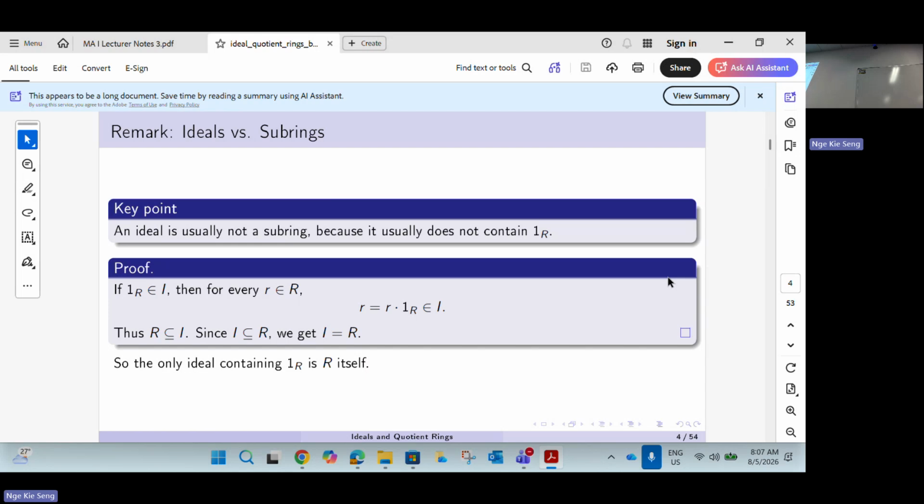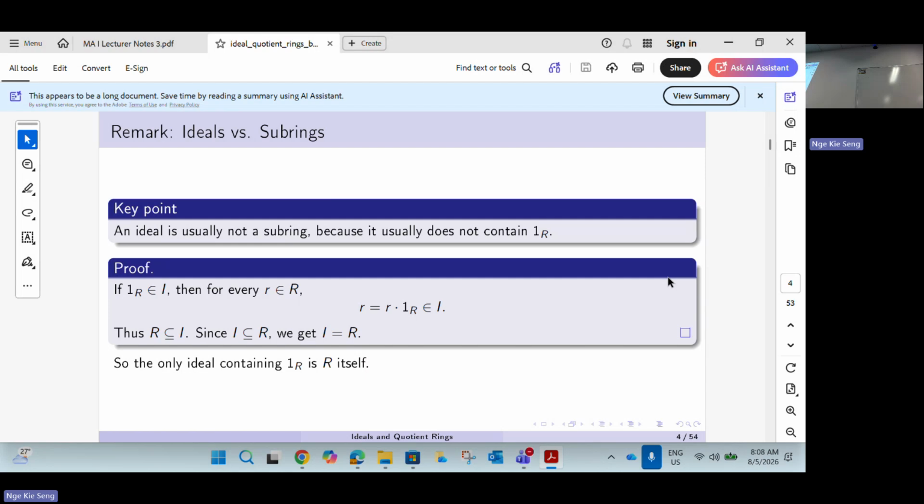The next very important point is that an ideal is not a subring, because it does not necessarily contain 1, the multiplicative identity. If an ideal contains the multiplicative identity, then I is just R itself.